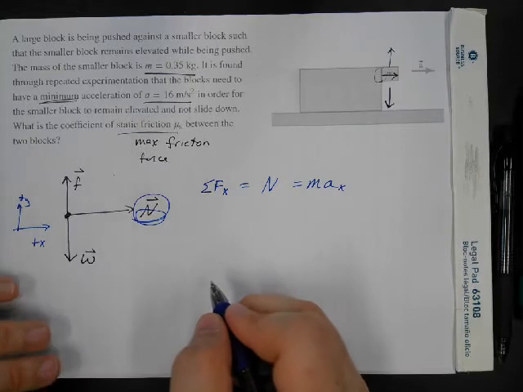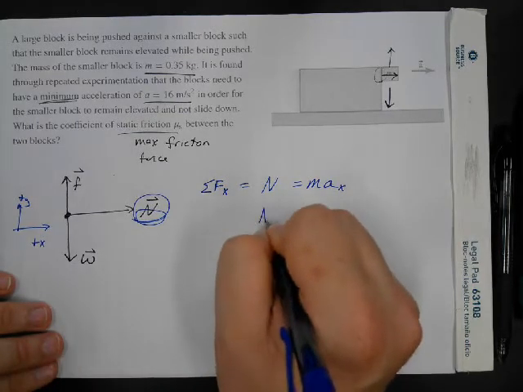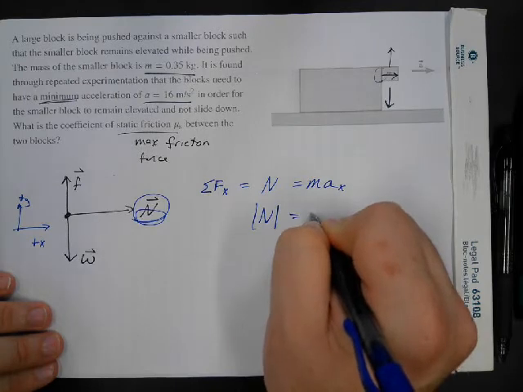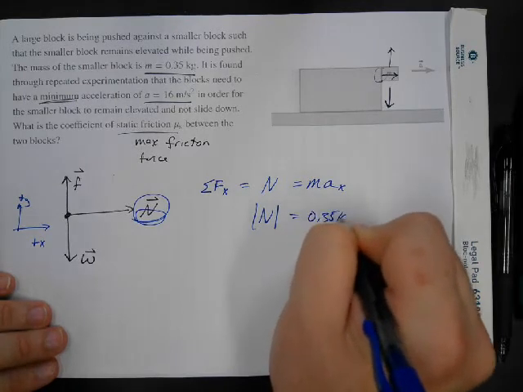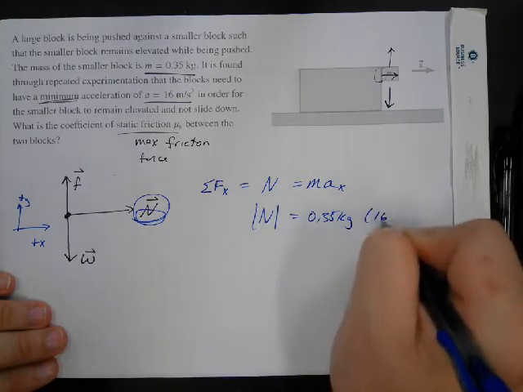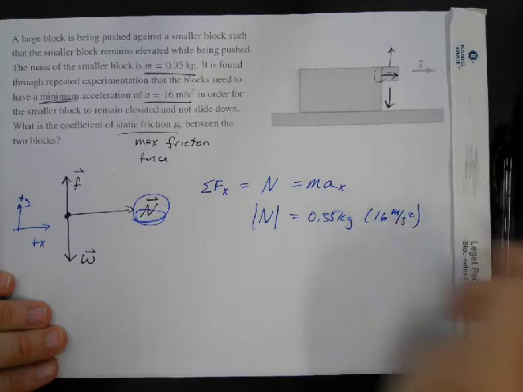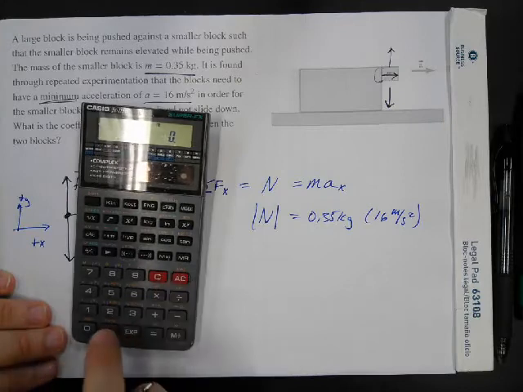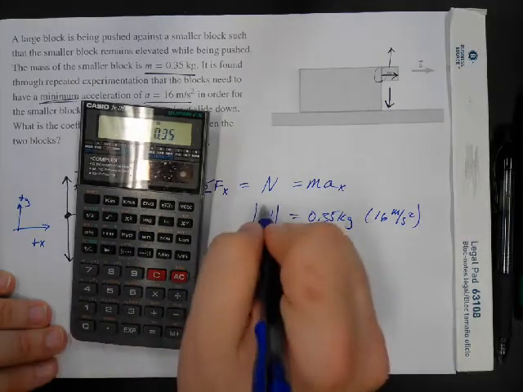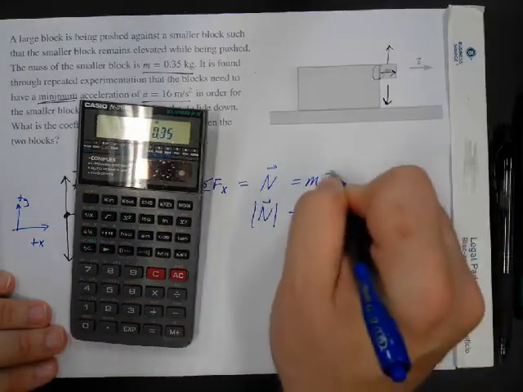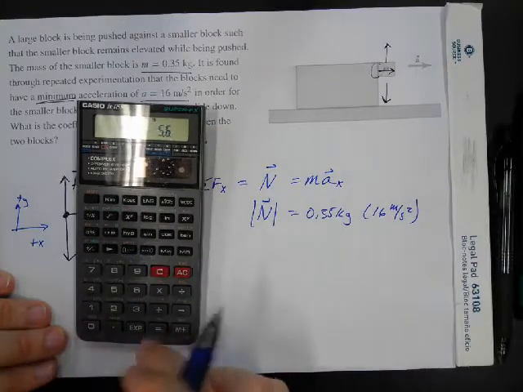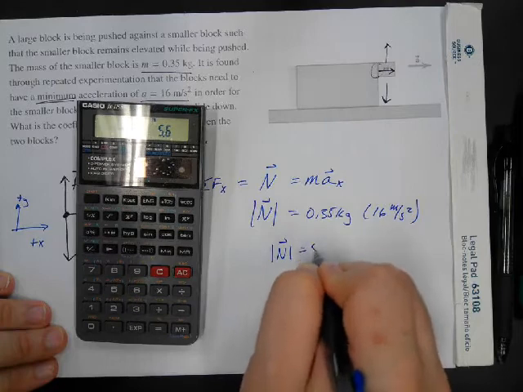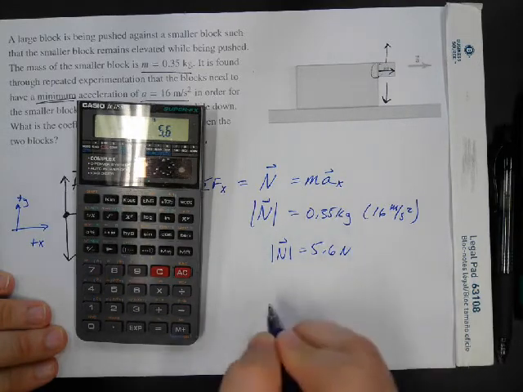We can find that immediately. Our normal force is 0.35 kilograms times 16 meters per second squared. 0.35 times 16 is 5.6 newtons.